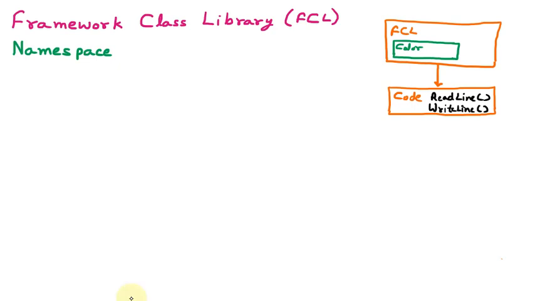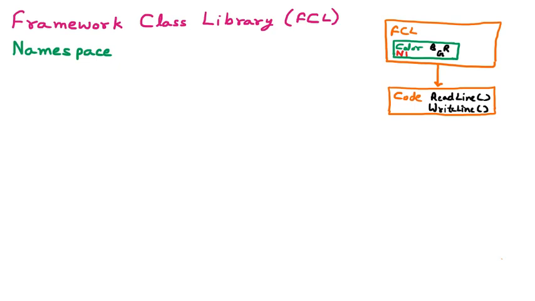Here we have combined the classes of blue color, the classes of red color, and the classes of gray color. All the classes which are related to color are combined together and given the name namespace. So this is namespace 1, one namespace with the name color.